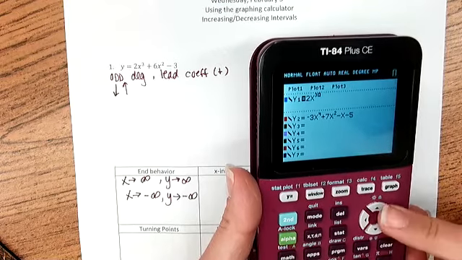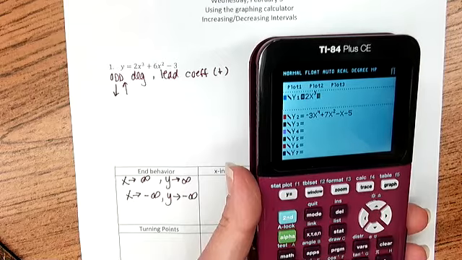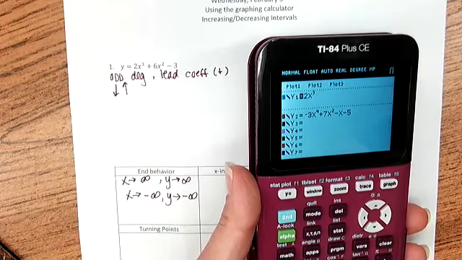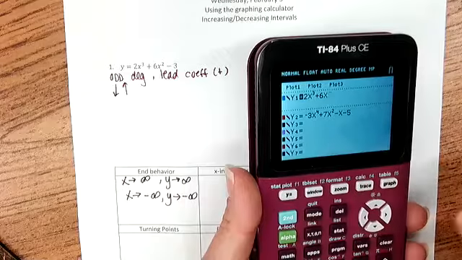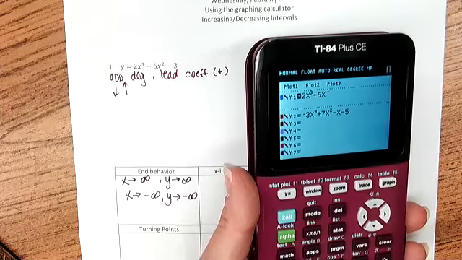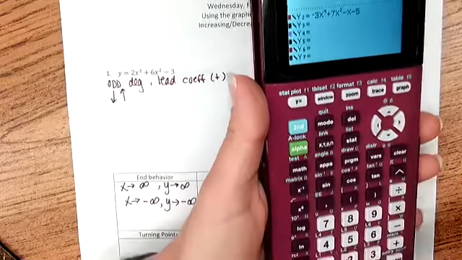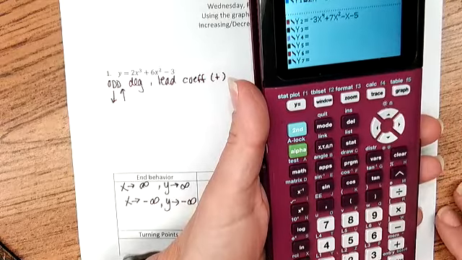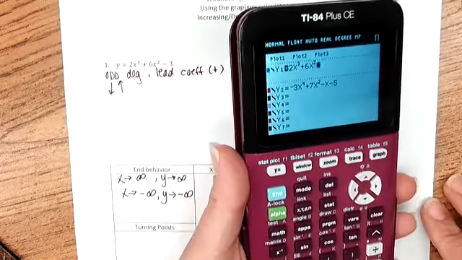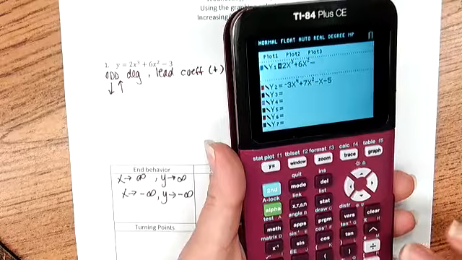Make sure you use the right arrow key so that you're no longer in the exponent of the previous term. Plus 6x, and you can either use the caret key for squared, or you can use the x squared key, which is near 7. And then subtract 3.